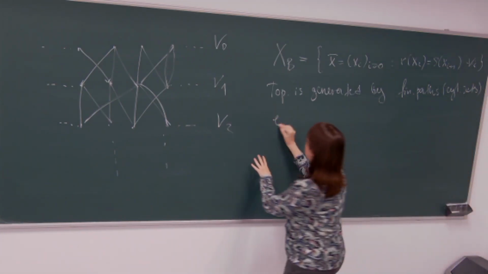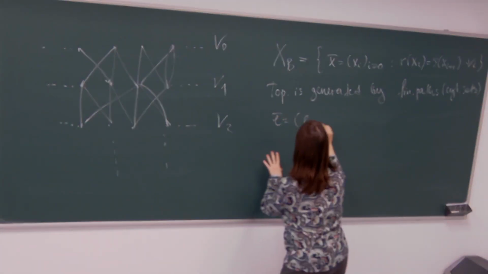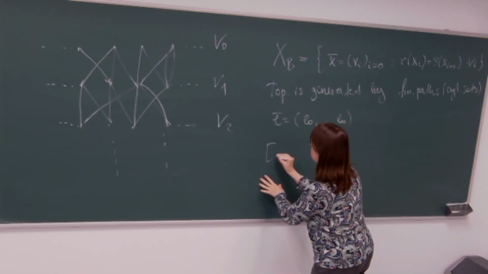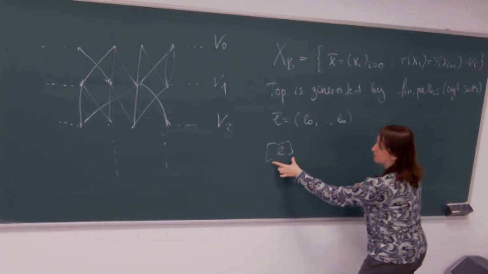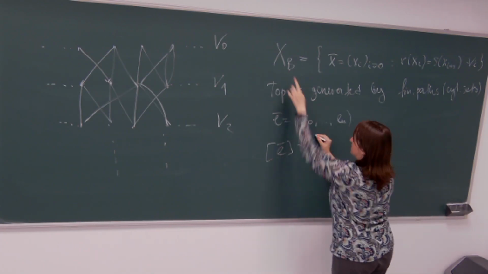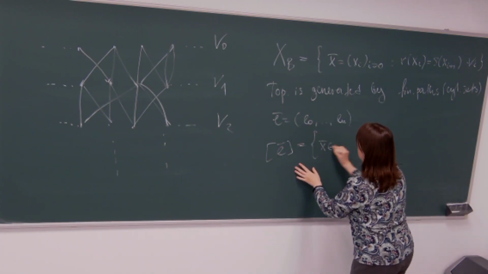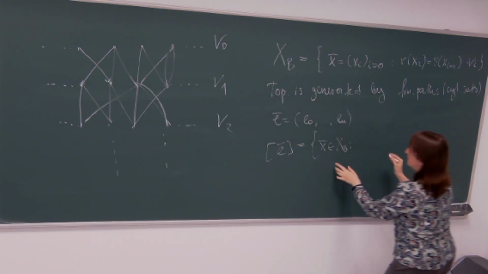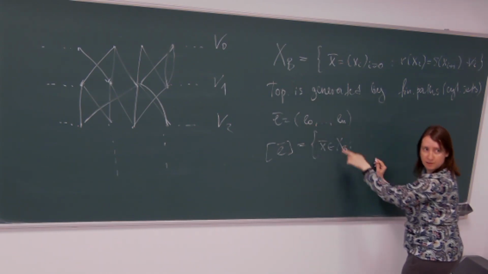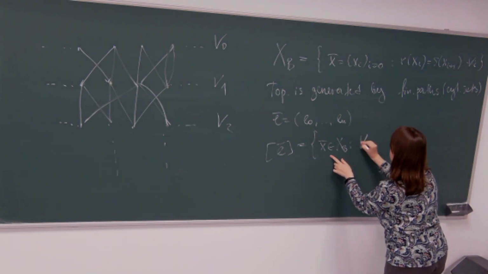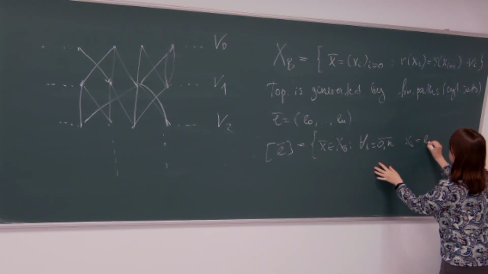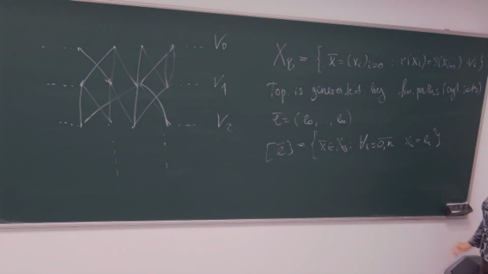So once we have a finite path, we will denote by square brackets the cylinder set. It's the subset of X_B which consists of all paths which initially pass through this finite path. So for every i from 0 to n, x_i is equal to e_i.